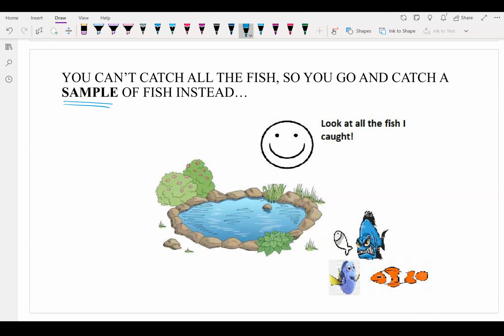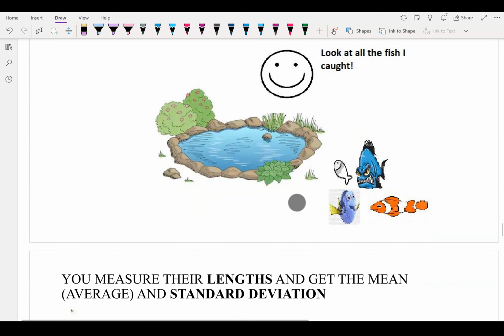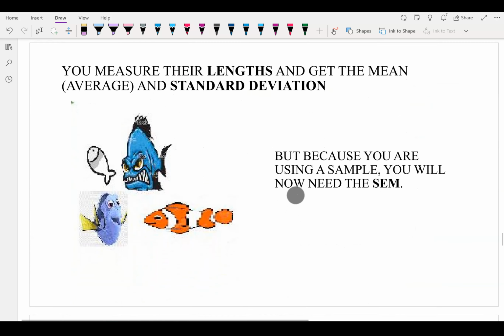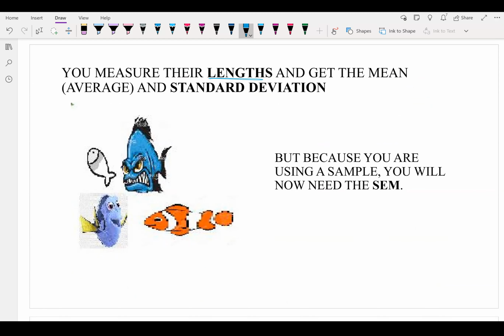So instead of getting all the fish, you catch a nice sampling of fish. Or maybe you catch 100 fish, right? But you get a selection of the original population. Then you measure their lengths, and based on that, you get the mean and the standard deviation.